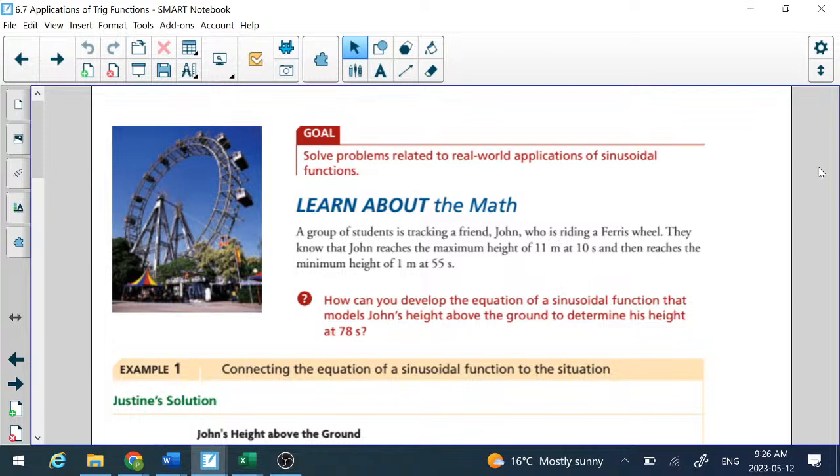Y'all down? Okay, now we will find the A value and the B value in a second, which will be our horizontal compression factor. But if we're focused on this point here, what model are we using, sine or cosine?